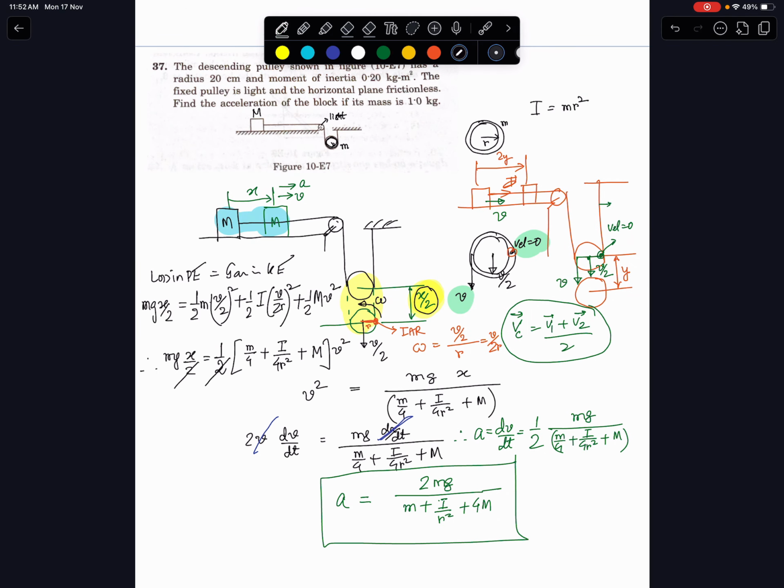The key thing in the problem is, one, you have to consider this as a ring, so the moment of inertia is mr square, and the most important thing is about the velocity. I am discussing it again for the sake of understanding better. This is the pulley.